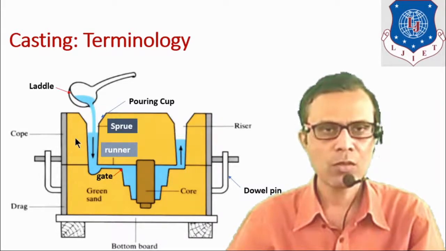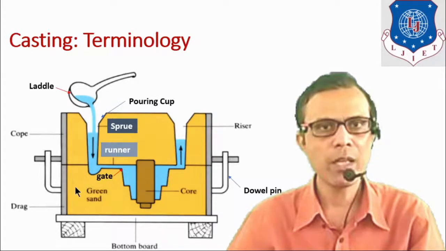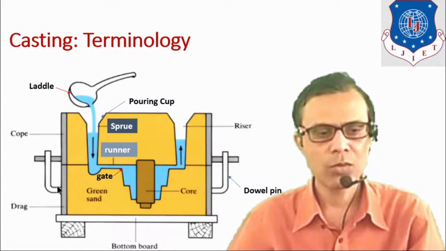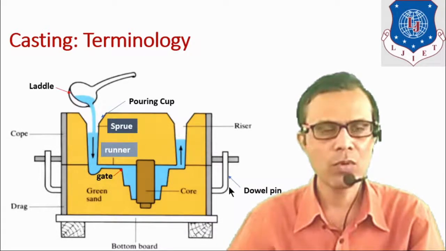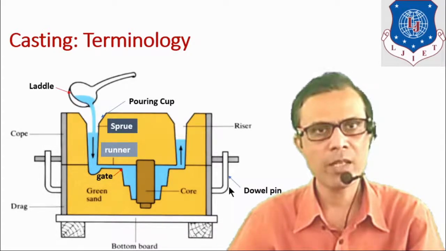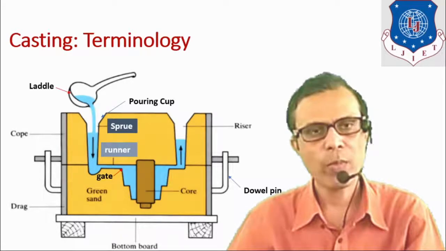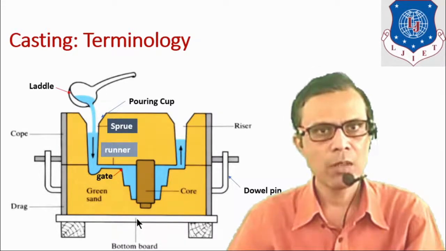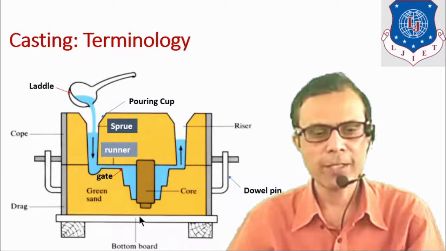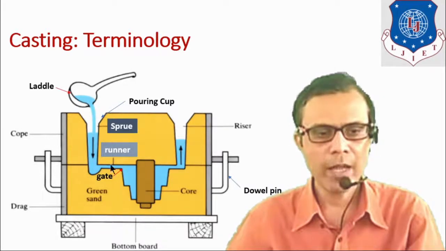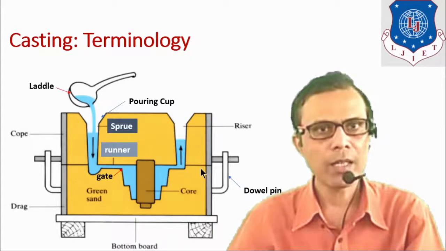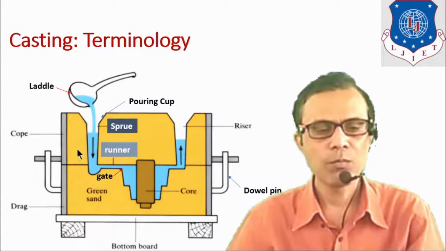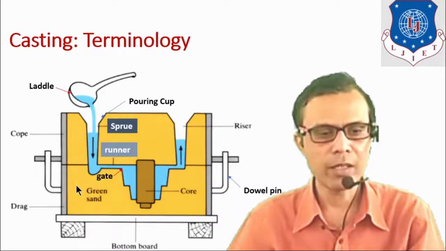Both of this cope and drag can be aligned with the help of this dowel pin. So these dowel pins are helpful for the proper alignment of cope and drag. It is a bottom board which is initially used before the molding process. This line is known as a parting line. So from this line, cope and drag both can be differentiated.